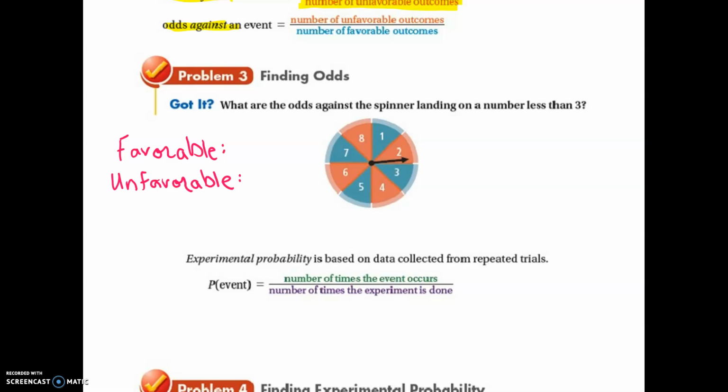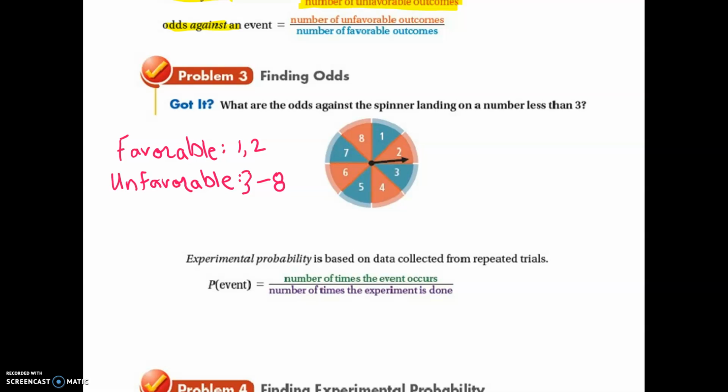So favorable would be that the spinner is going to land on a number less than 3. So that would have to be, in this case, 1 or 2. And unfavorable would be the rest of them. So 3 through 8, basically. And since we're going against, we want the number of unfavorable outcomes over the favorable.